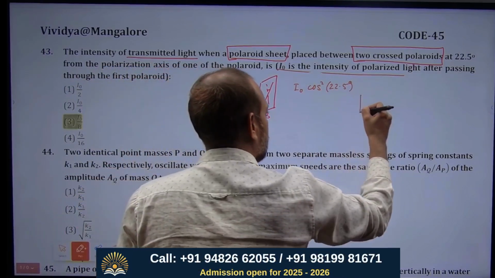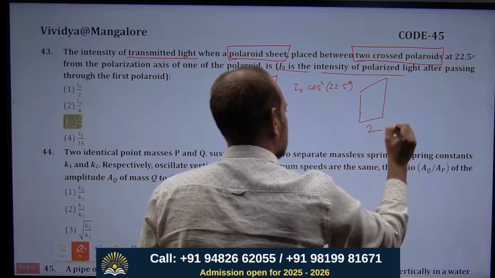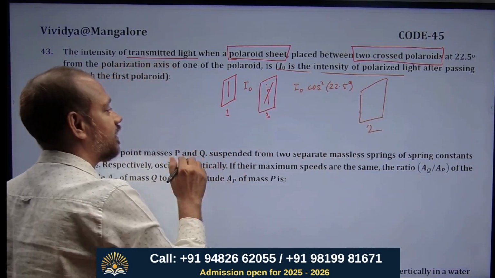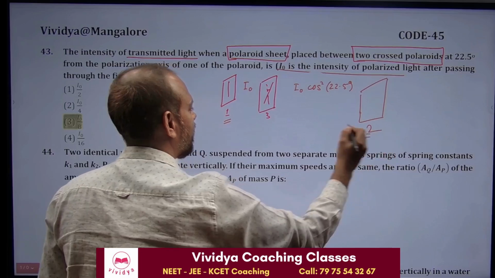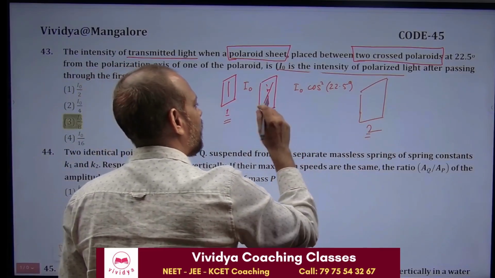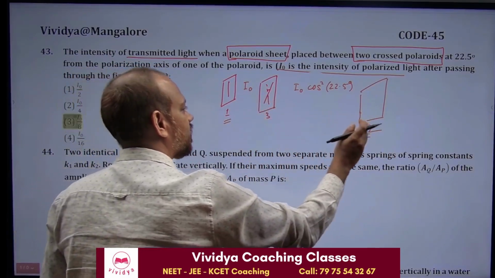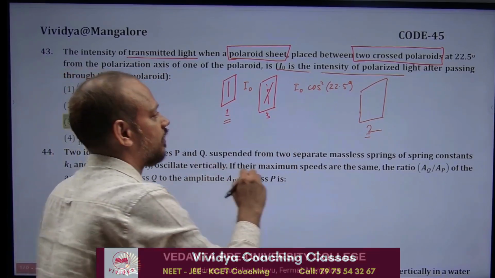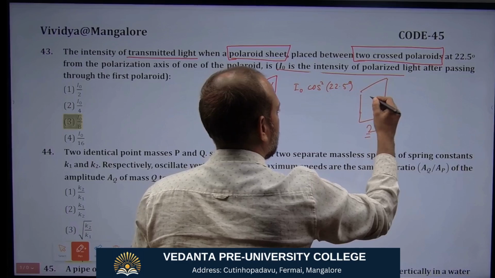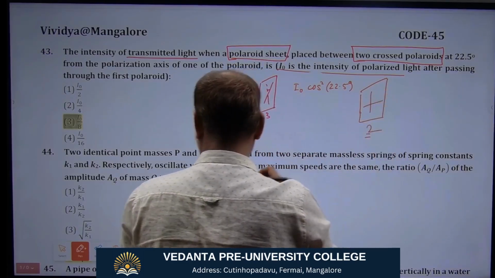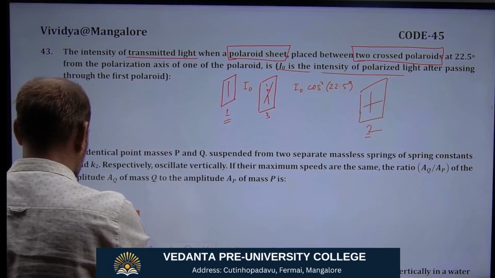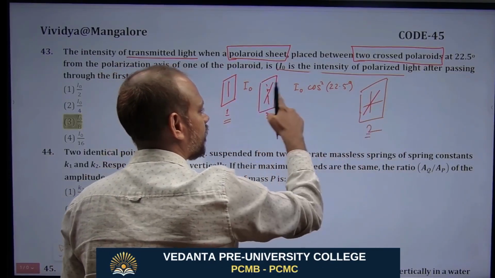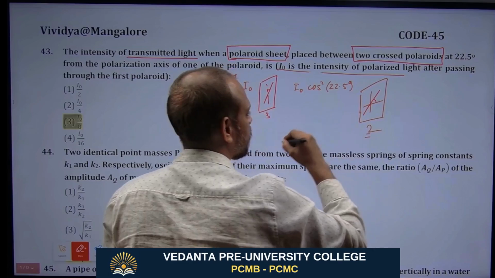Now let's put the second Polaroid again. What will be the angle between the third Polaroid and the second Polaroid? Considering that the first and second had 90 degrees, the angle between the pass axis of the third one and the second one will be 90 minus 22.5. So the angle between this one and this one, if I mark this in red just to denote that, earlier it was like this, will be 90 minus 22.5.